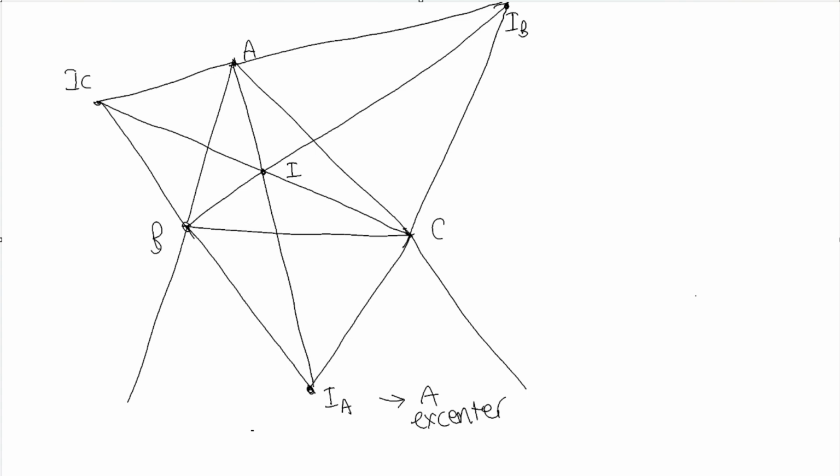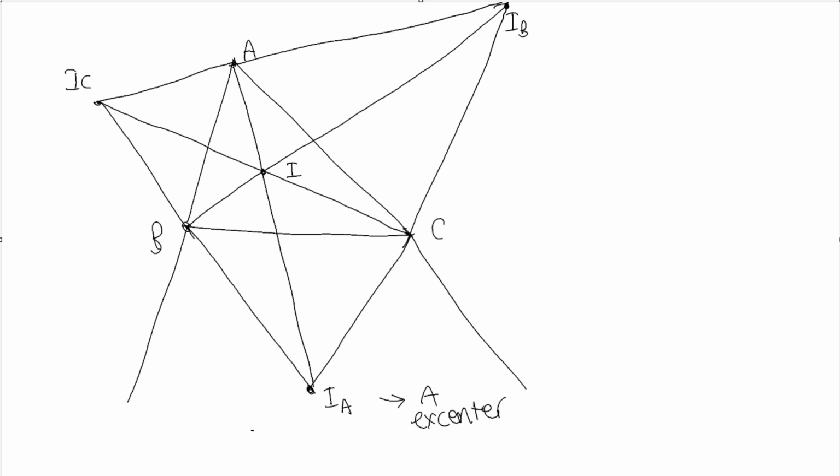Then what exactly do we know about this configuration? Well, for starters, we know that all these 3 points, A, I_C, and I_B, lie on the external angle bisector of angle BAC. So that means that A, I_B, I_C are all collinear. And therefore, the other sides are collinear as well.